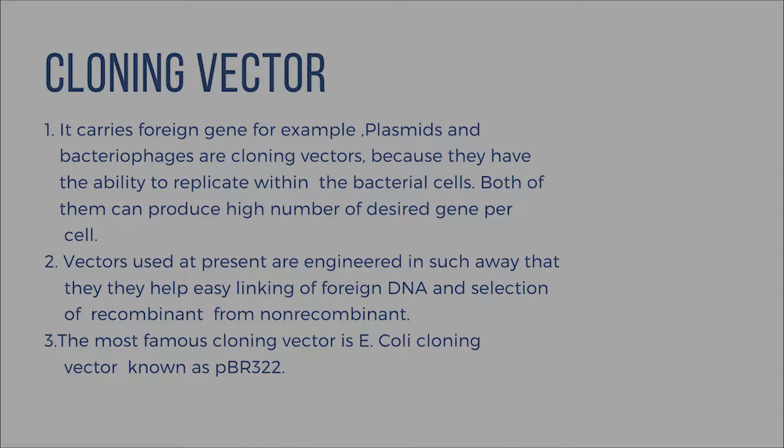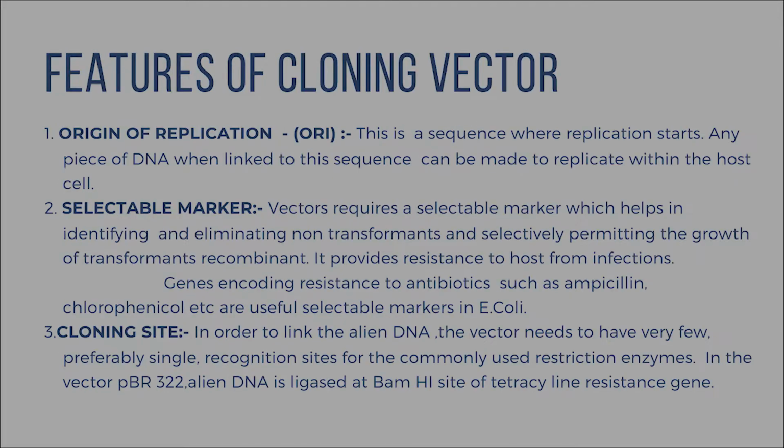Now let's go to the features of the cloning vector. Number one, it should have a site where replication can take place. This site on the cloning vector is called the origin of replication, or ORI.